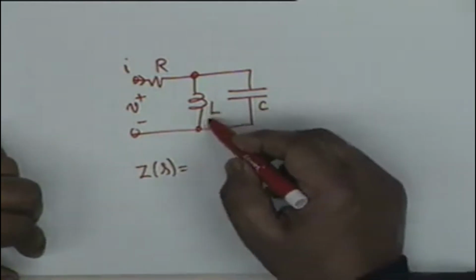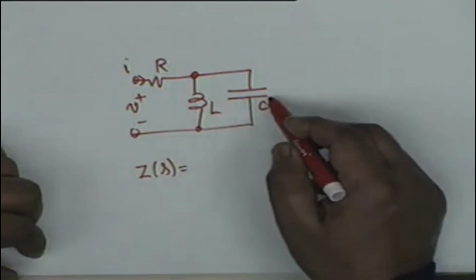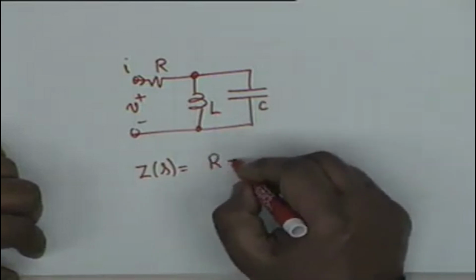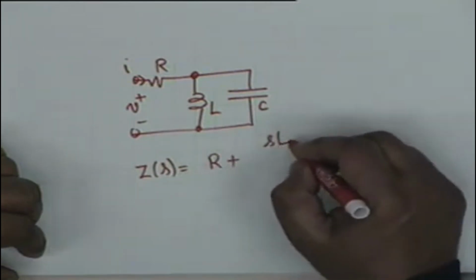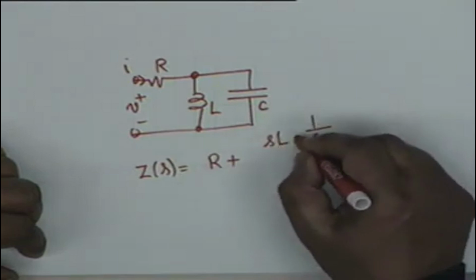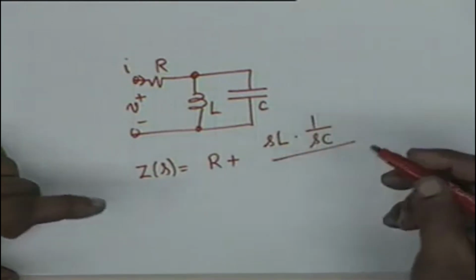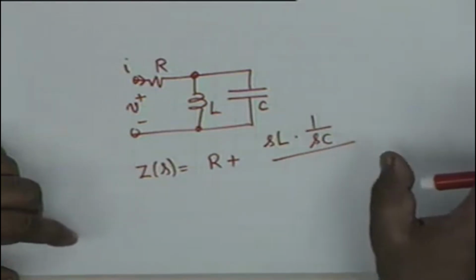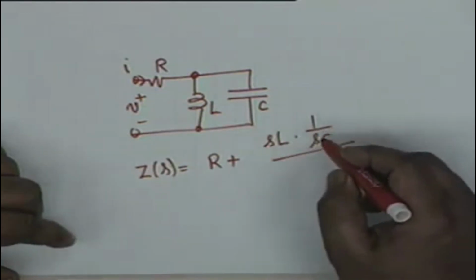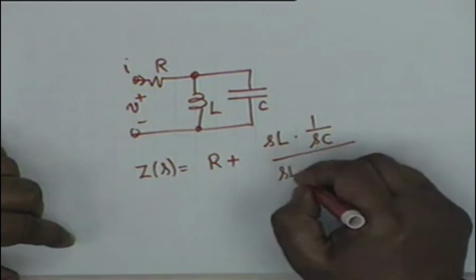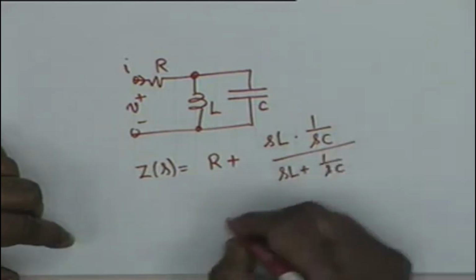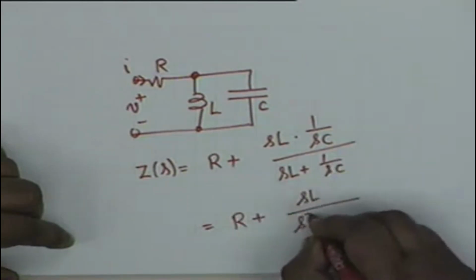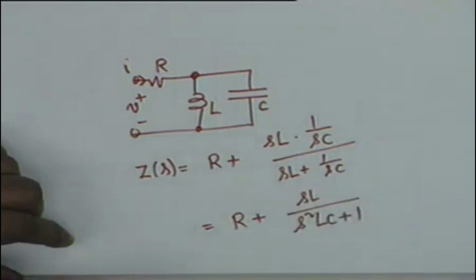Here an impedance sL is in parallel with an impedance of 1 by sC, and therefore it is R plus, like R1 R2 divided by R1 plus R2, but instead of R you say Z, the impedance. So Z1 Z2 divided by Z1 plus Z2, that is sL times 1 over sC divided by sL plus 1 over sC, which is equal to R plus sL divided by s squared LC plus 1.